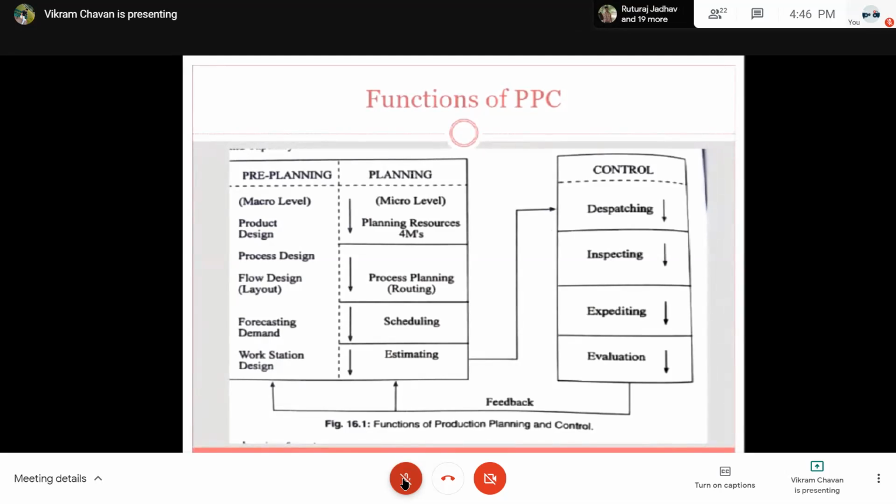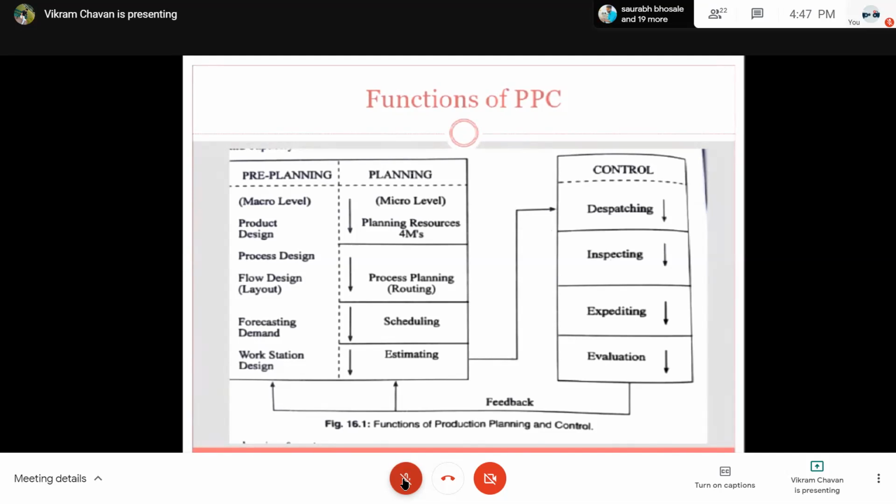To do this pre-planning activity, analysis will be done for forecasting demand, then market analysis, then product design and development, then workflow, then process design, then plant layout.